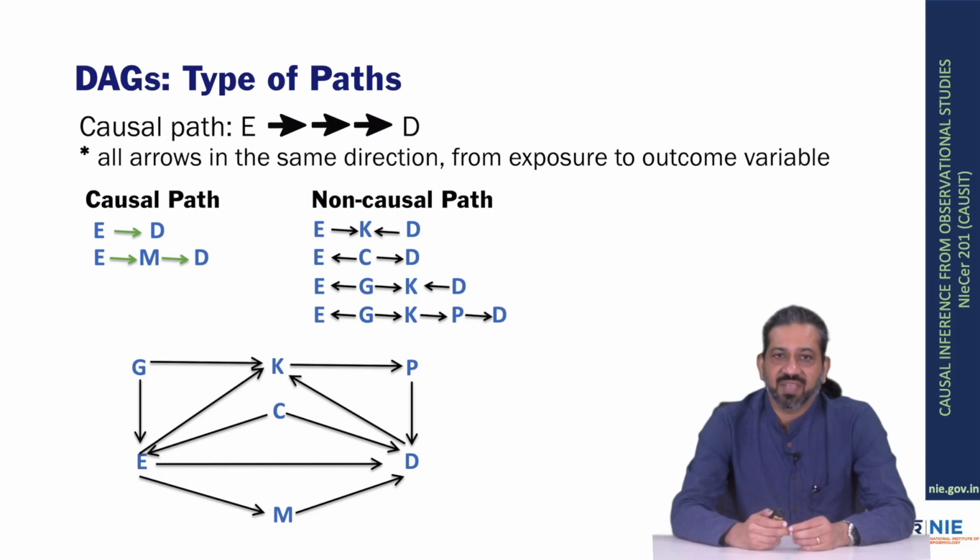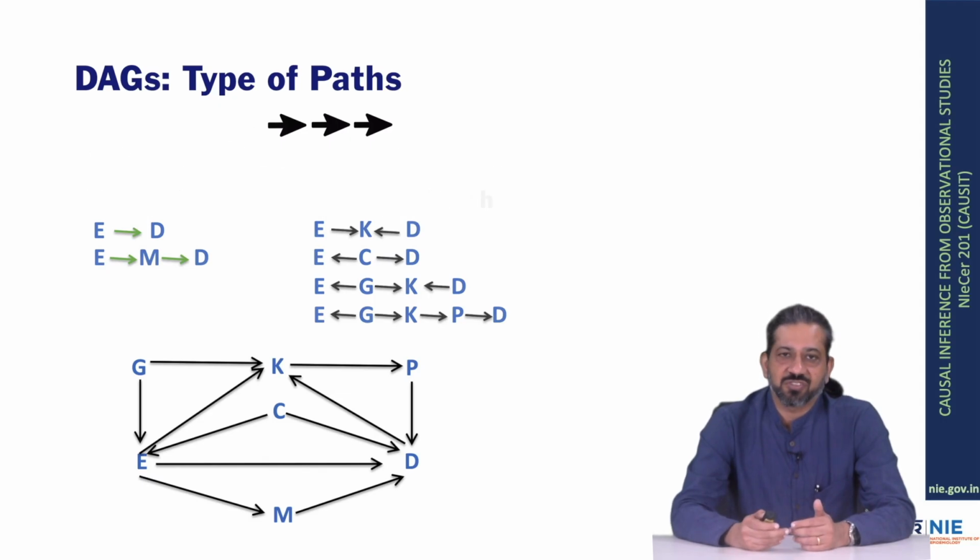The rest of them, EKD, ECD, EGKD, and EGKPD, are all termed non-causal paths because at some point or the other, the path is going opposite to the direction of the arrow.